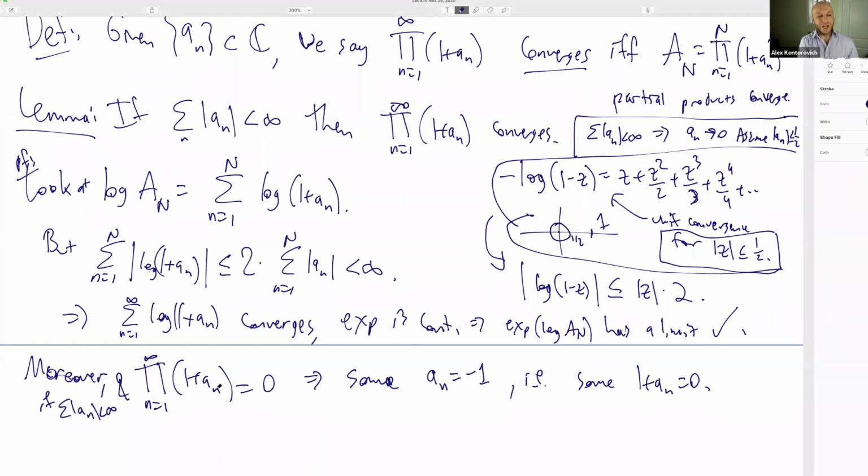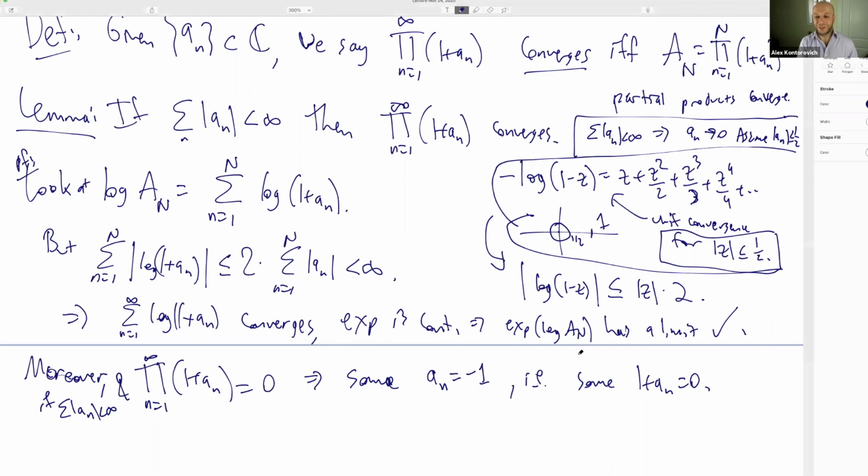If none of the terms is equal to 0 and the series of the ANs converges, then eventually the ANs are less than a half, so none of them after a finite amount of time are equal to -1. And that series converges. And when you take the exponential of a convergent thing, the exponential is never 0.